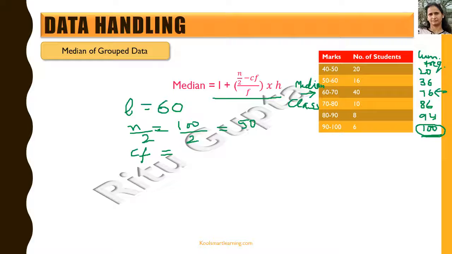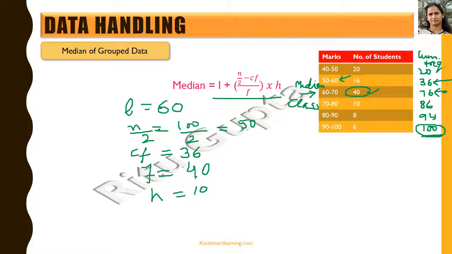The class preceding the median class is 50 to 60, whose cumulative frequency is 36. So CF becomes 36. F is the frequency of the median class, which is 40. We're saying frequency, not the cumulative frequency, so we'll take the value from the number of students column. And H, which is the class size, is 10.